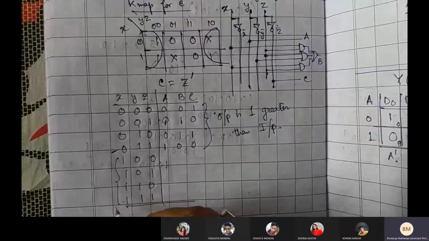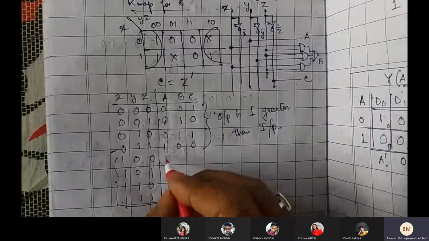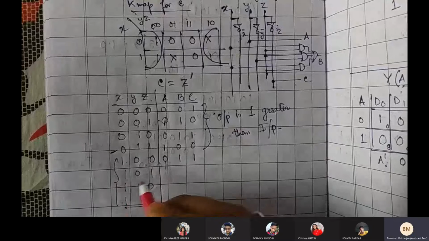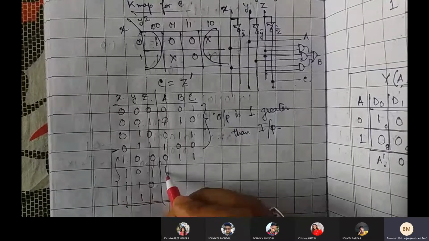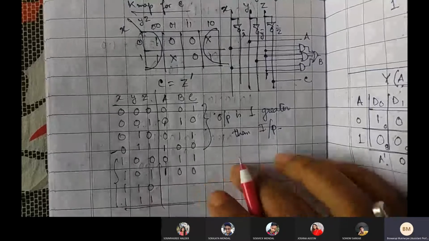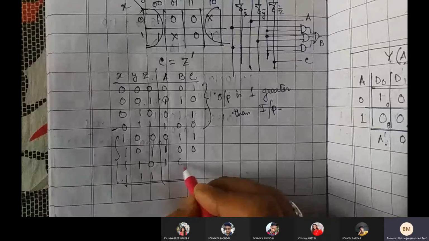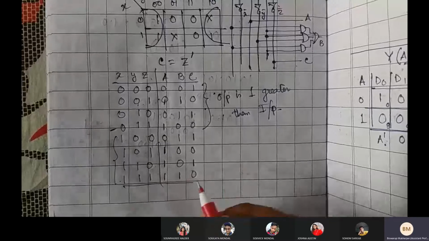And for this case, let the output be 1 less than the input. So that is 0 1 1 followed by 1 0 0, right? Next is 1 0 1, next it is 1 1 0, right?